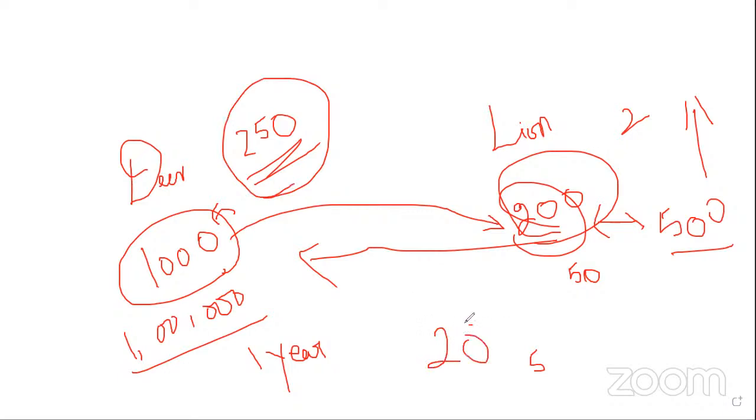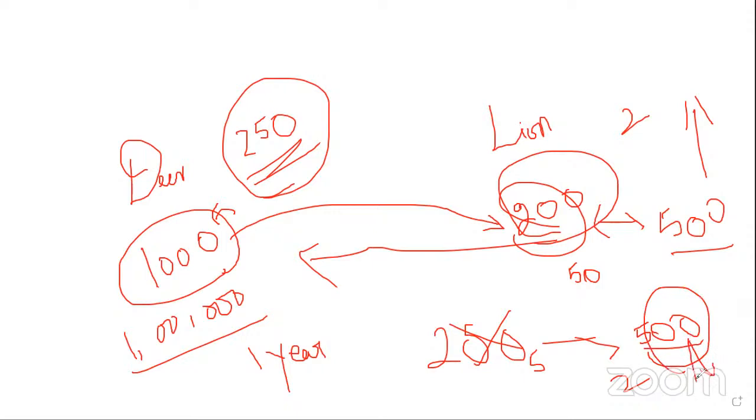Deer not sufficient for 500. So the food is not sufficient, isn't it? The resource is not sufficient. So as a result, what happened after 2 years? The 500 lions hunting the 250 within a short period. What happened? They are completely nil. So here 500 lions are there. The food is not sufficient. So it will lead to die. Okay. So the prey also, what happened now? Predator also comes down. So this is the ecological balance. Okay, my dear.